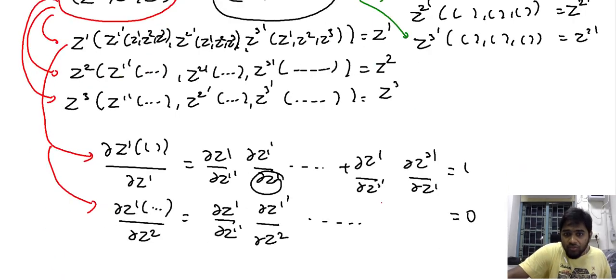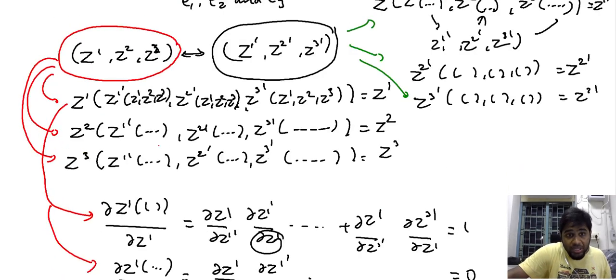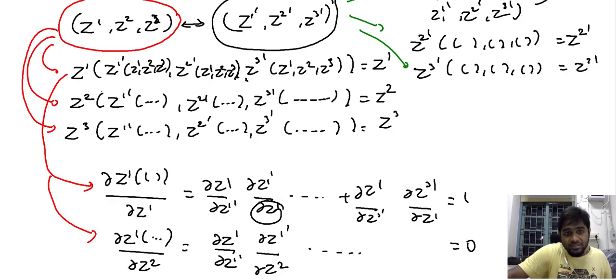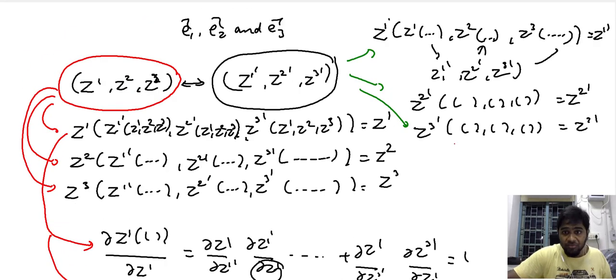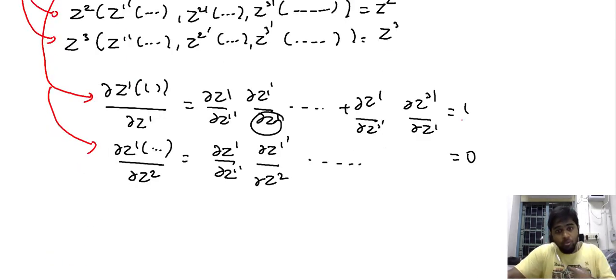Secondly, we need to consider the partial derivatives of these coordinate systems. When you consider the partial derivatives of this coordinate system for each of these three sets of expressions, we will end up having 9 partial derivatives, 9 PDEs. In the same way, if you consider these 3, then you will end up with 9 more PDEs.